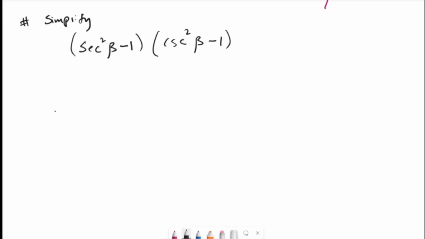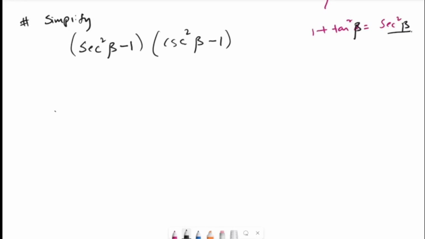Okay. Now recall the formulas which involve secant square. One thing that comes to my mind is 1 plus tan square alpha, which is secant square alpha. Let's take beta. 1 plus tan square beta equal to secant square beta. So what is tan square beta?